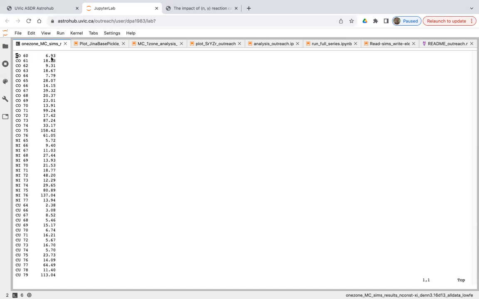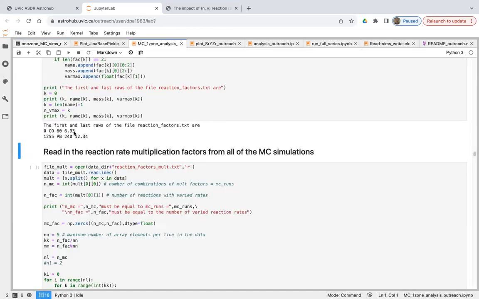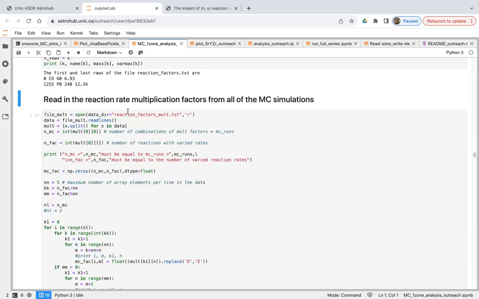For cobalt-60, the maximum variation factor between the maximum computed rate and the minimum computed rate is 693. And this is just a test showing that we have read all maximum variation factors correctly, 693, and this is for lead.